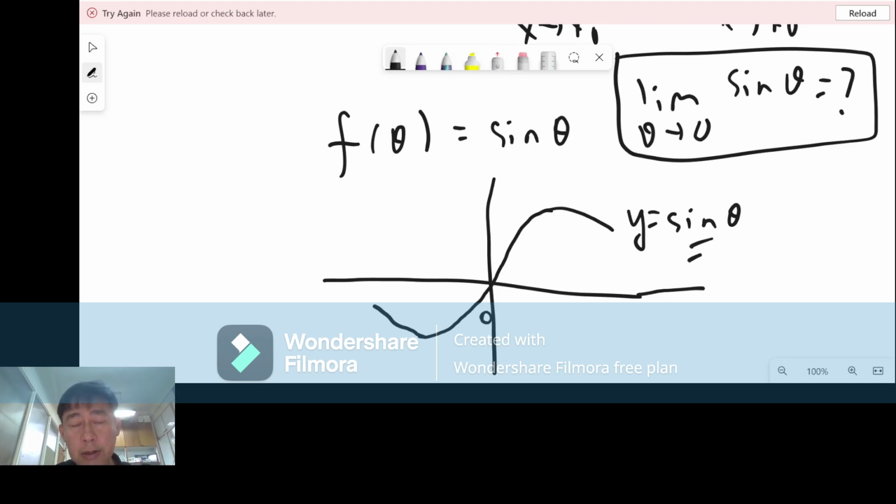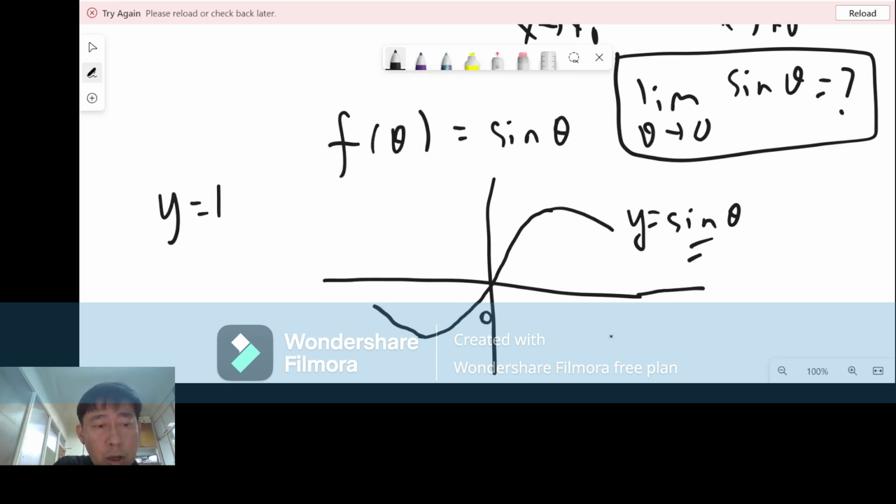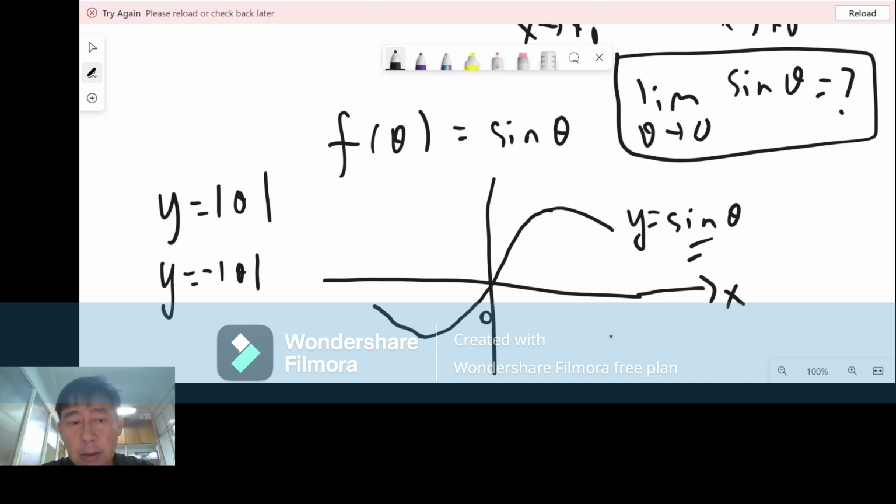So the function that we can think of is actually y equals the absolute value of theta as the function above sine theta, and the other function is the reflection of the absolute value of theta about the x-axis. So this function, if you represent it on the graph, it will actually look something like this.